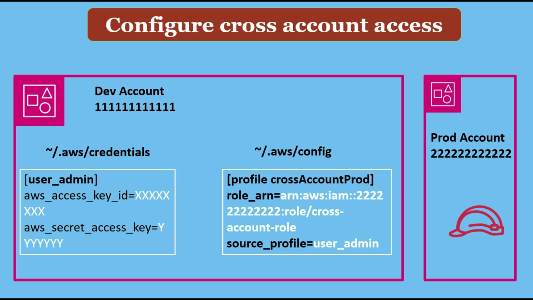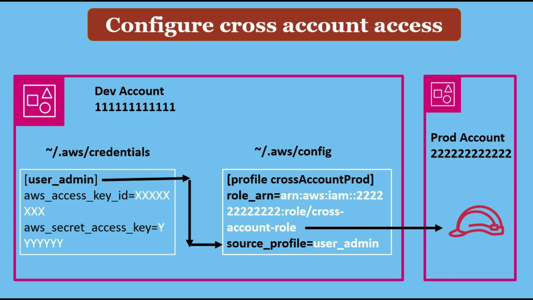And source_profile is one more variable we need to define, and this points to the user_admin over on the left. So whenever user_admin wants to use this profile called cross-account-prod, indirectly he will be assuming the cross-account role from the production account and gets the temporary credentials to access the resources in the production account.